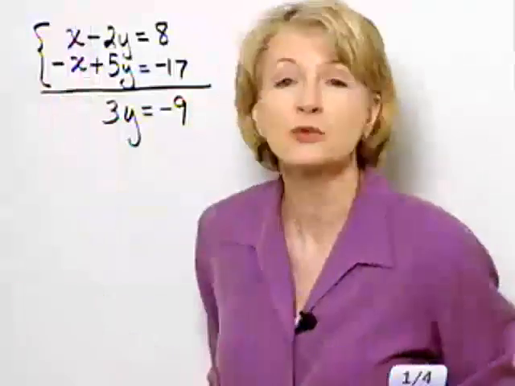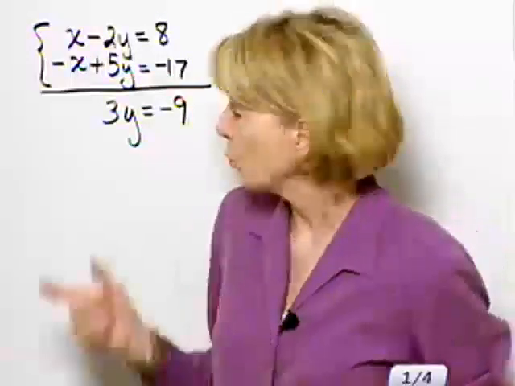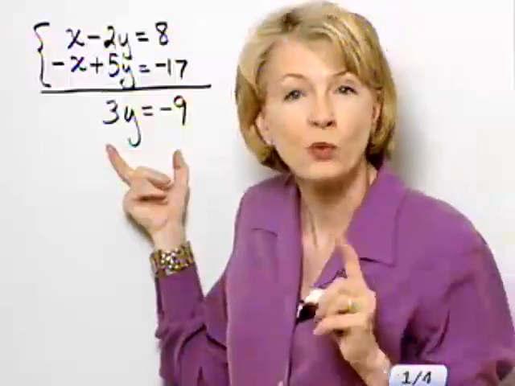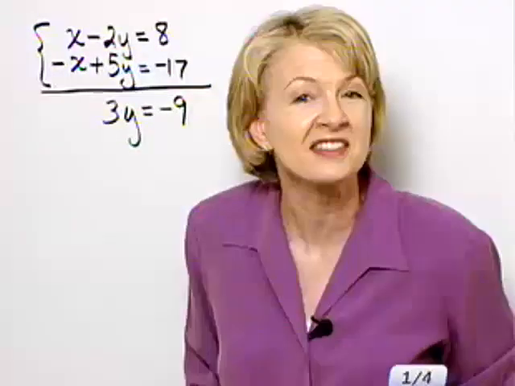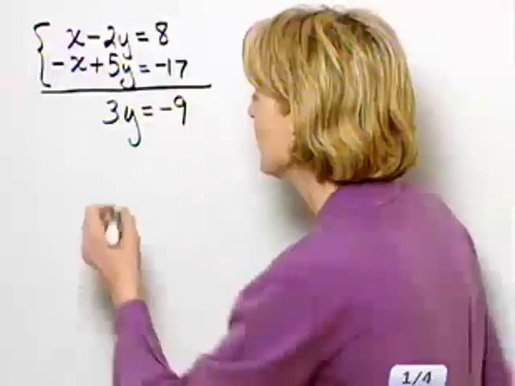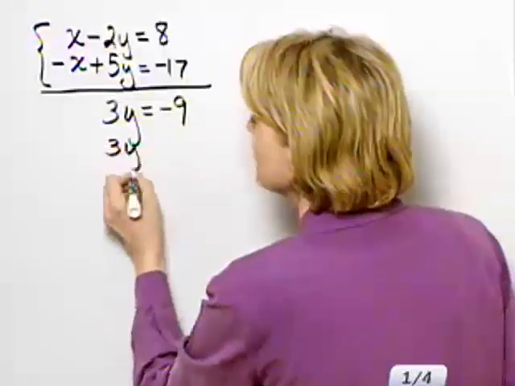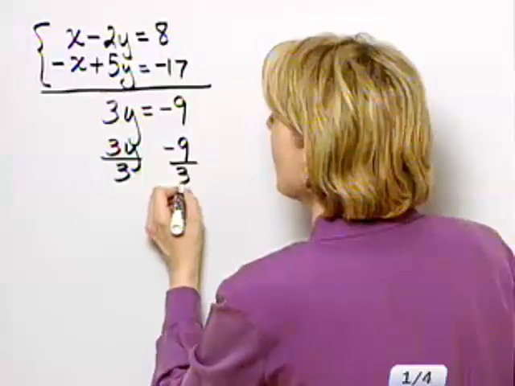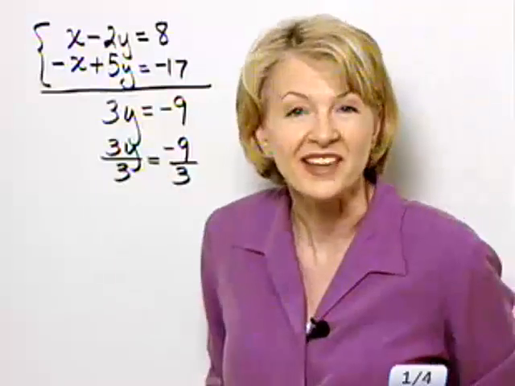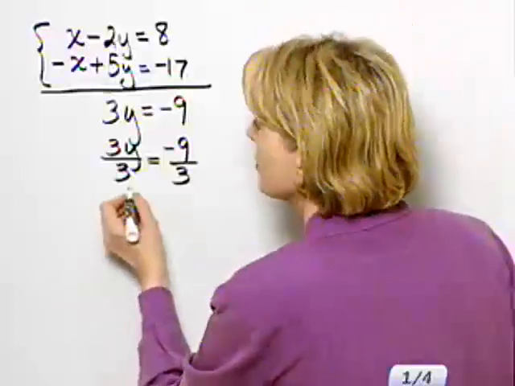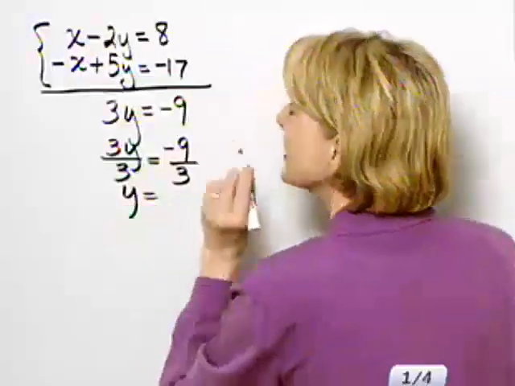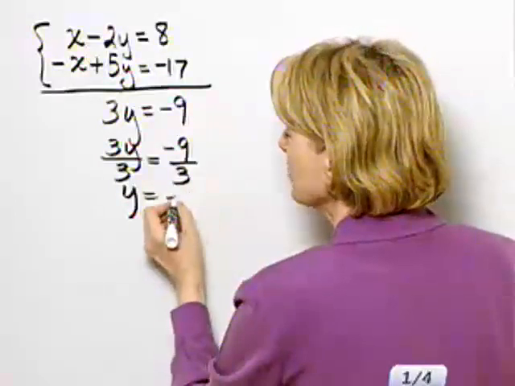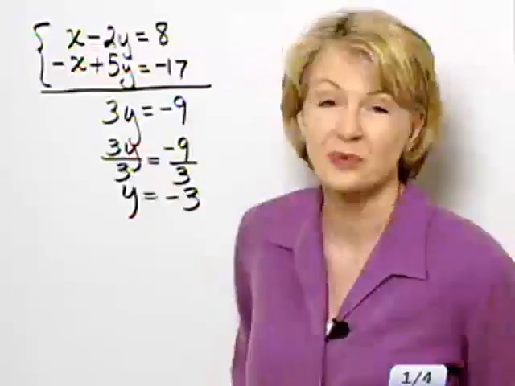Because the x's were eliminated by adding, we now have an equation in one variable y, and we can solve that equation for y. We'll simply divide both sides by the coefficient of y, which is 3. The left side then is y. The right side, negative 9 divided by positive 3, is negative 3.